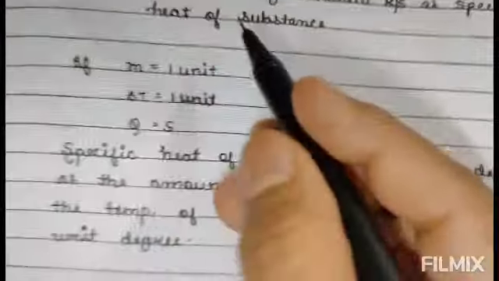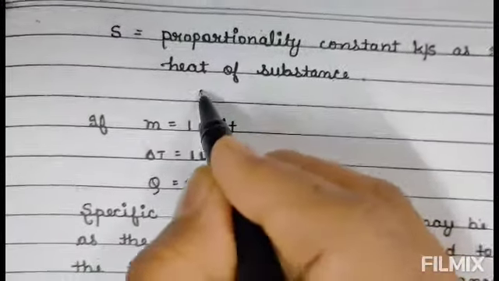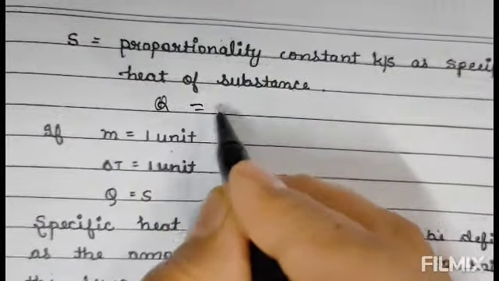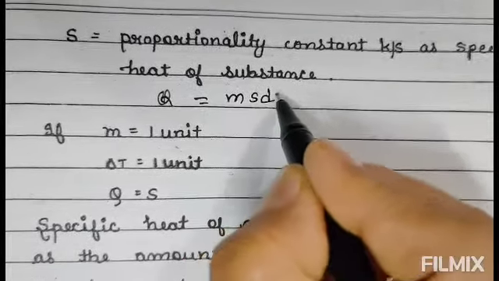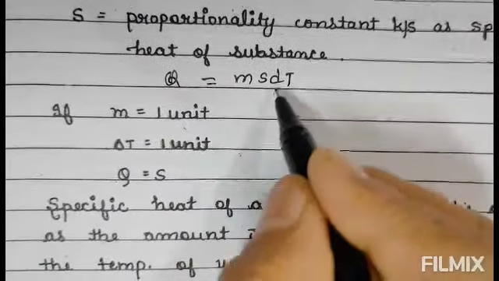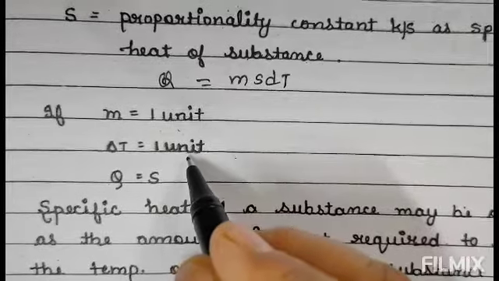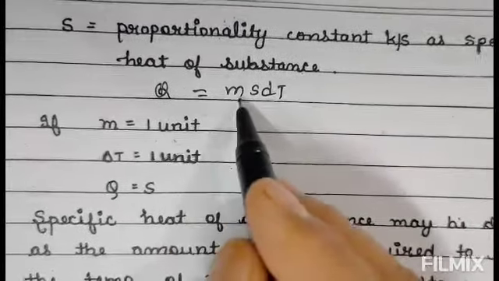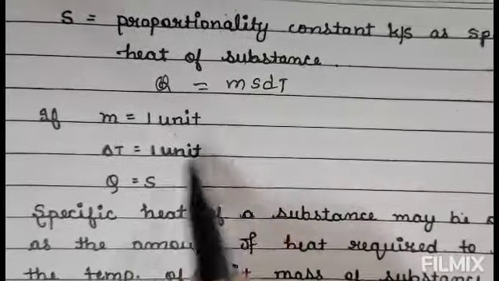Now suppose, as the formula was Q = msdT, we take m as 1 unit and dT, or delta T, as 1 unit. Then Q will become s.